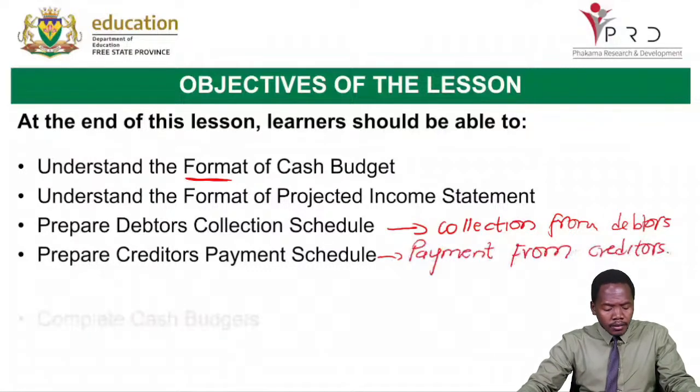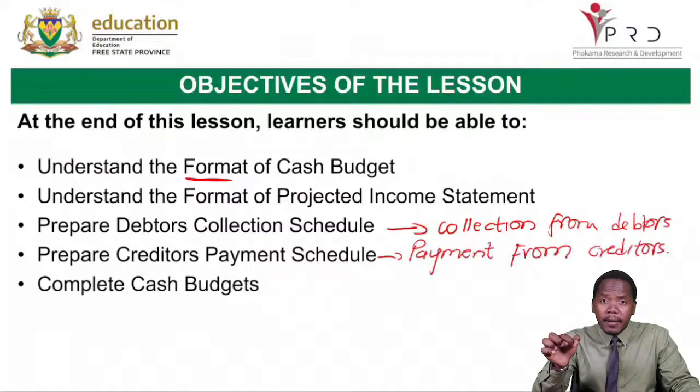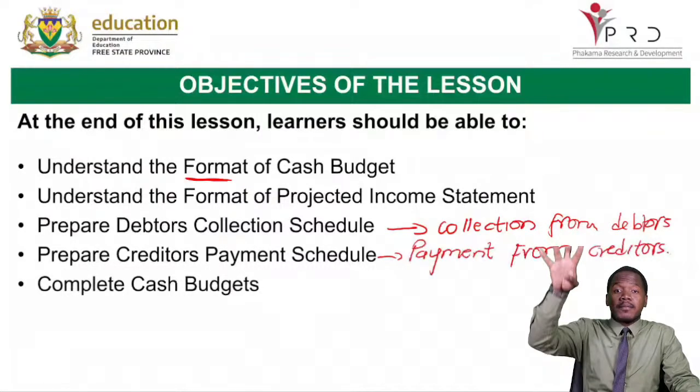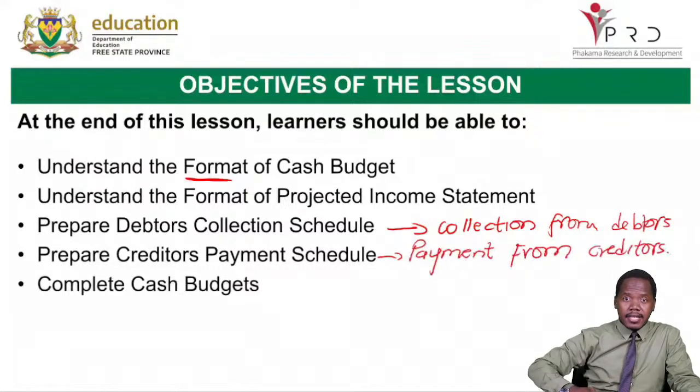And then moving on, we need to know how to complete a cash budget, because we are going to be given an incomplete cash budget. We will have to do what? To calculate missing figures. That is what we do in grade 12. In grade 11, you prepare the cash budget from scratch, starting from the receipts up until the last item.